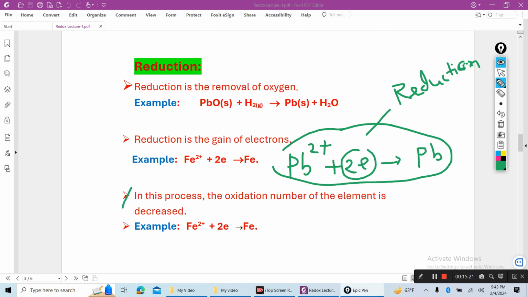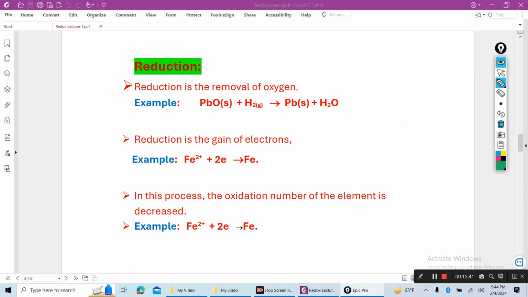Now you see, in this process, in reduction, the oxidation number of the element decreases. You know, in oxidation the oxidation number increases, but in reduction the oxidation number decreases.